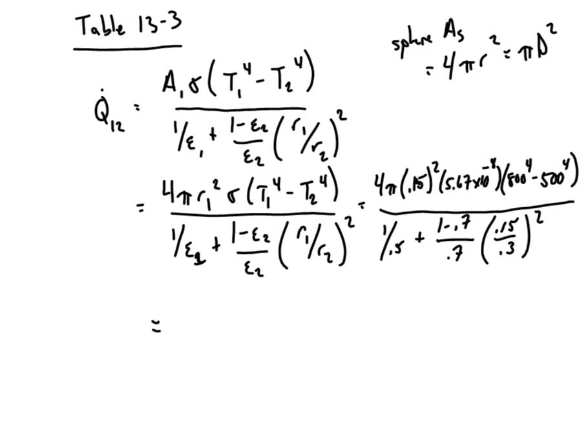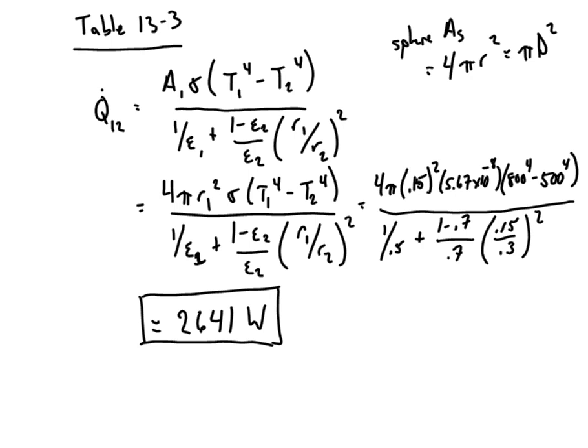And we find that that is equal to 2,641 watts. So that is the answer to part A, the heat transfer rate due to radiation between the surfaces 1 and 2. So all we're left to do is find what that heat transfer coefficient is.